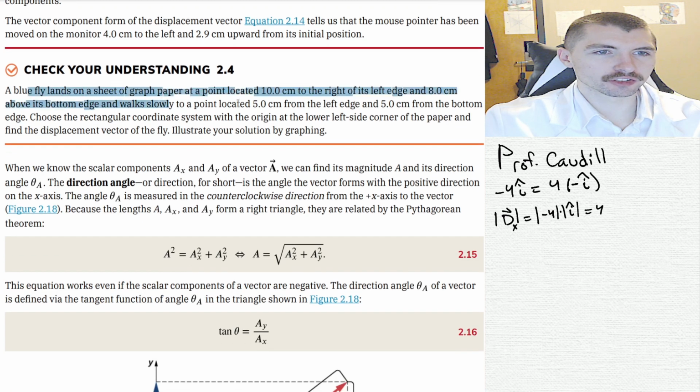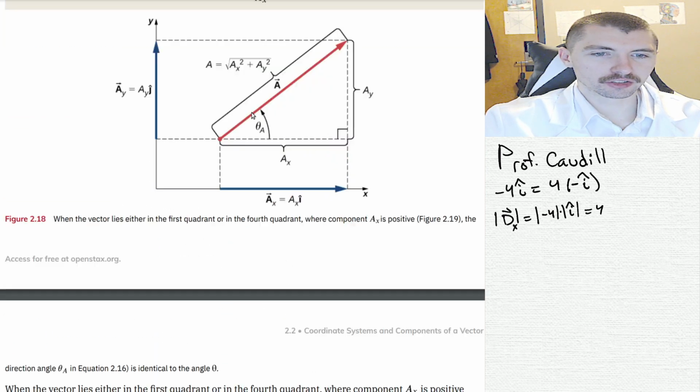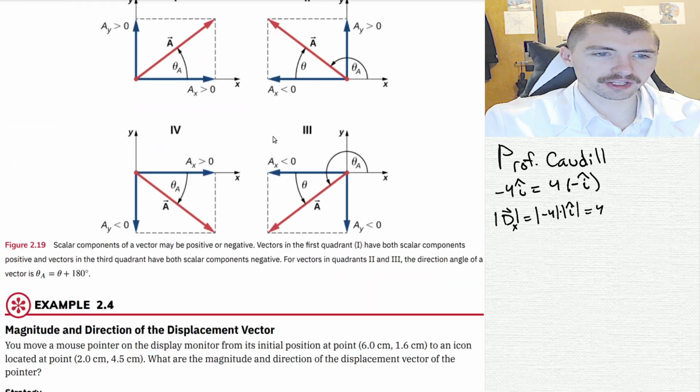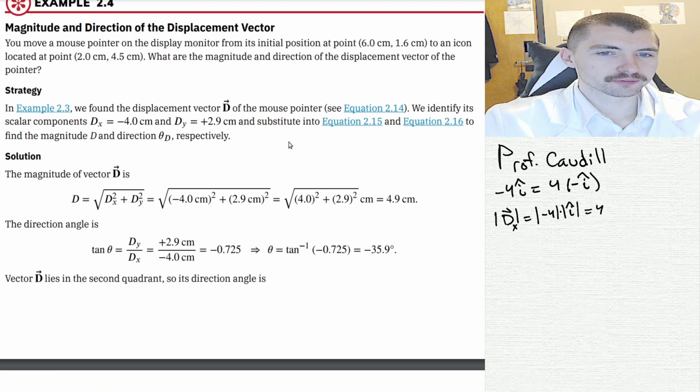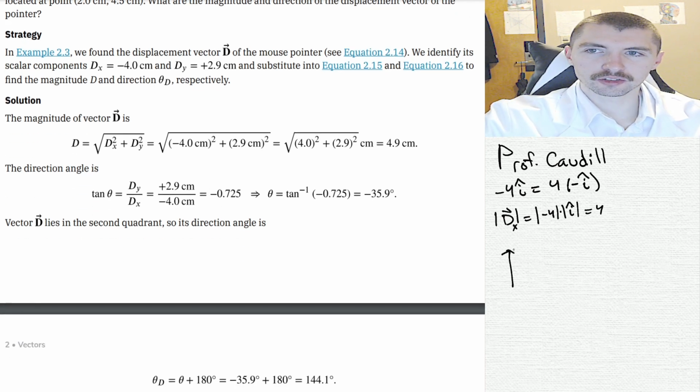I think I've already done this one. I recall being here. It talks about the inverse tangent. You take the Pythagorean theorem of the magnitude of the components to get the magnitude of the whole vector. So you've got this unit vector and this unit vector.